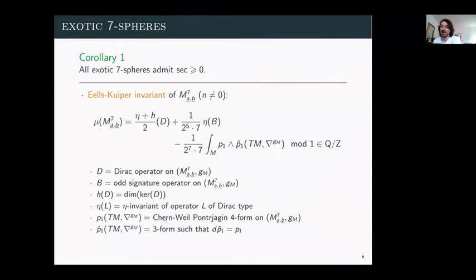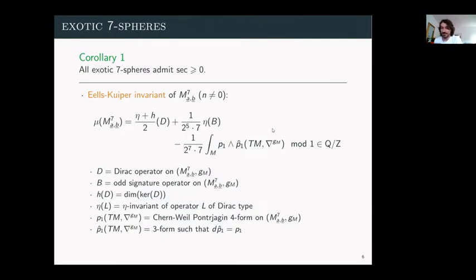So we cannot have cohomology, so that means that this P1 has to be an exact form. So it means that there has to be some 3-form whose differential is P1. And so inside the integral, you have a nice 7-form, and so the integral makes sense. And up to taking everything mod 1, this is the same as the Eells-Kuiper invariant that we wrote down before, and it depends only, as I said, on the geometry of the manifold M.